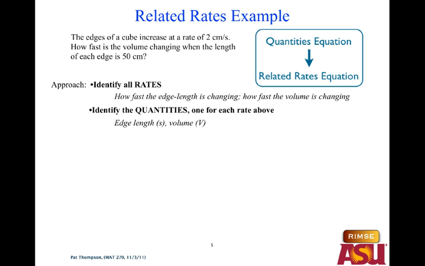So now we've identified the rates, we've identified the quantities, and now we're ready to build the quantities equation. The quantities equation is the relationship between edge length and volume, in this case, of a cube. What relationship brings together edge length and volume of a cube? I know Ian knows.